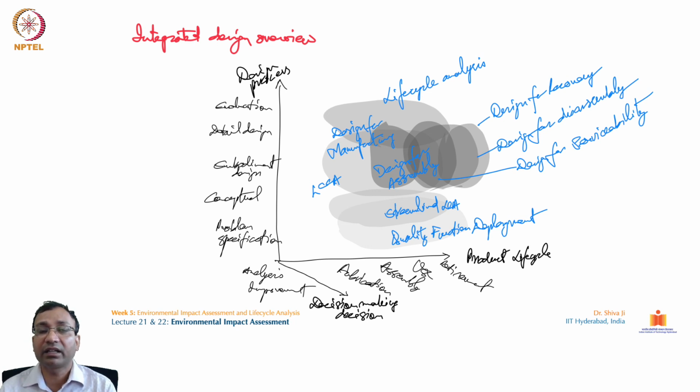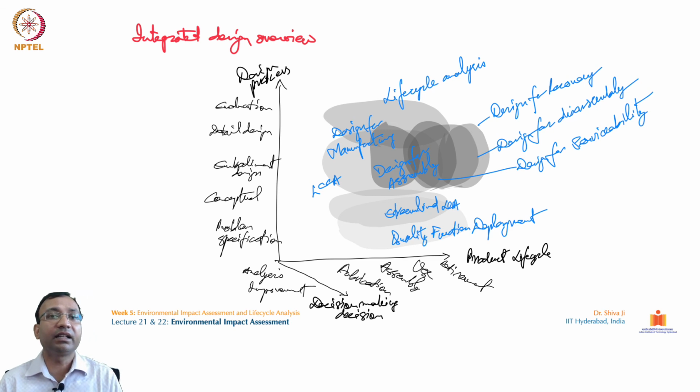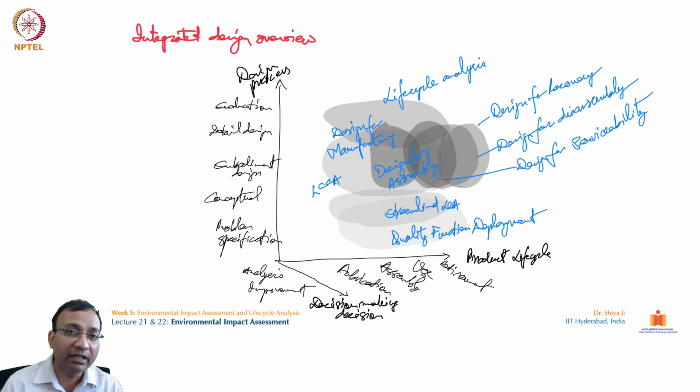At these XYZ coordinates, the methods are DFD, design for disassembly; DFS, design for serviceability; DFR, design for recovery; DFA, design for assembly; DFM, design for manufacturing; QFD, quality function deployment; LCA, life cycle assessment; SLCA, streamlined LCA; and LCCA, life cycle cost analysis.